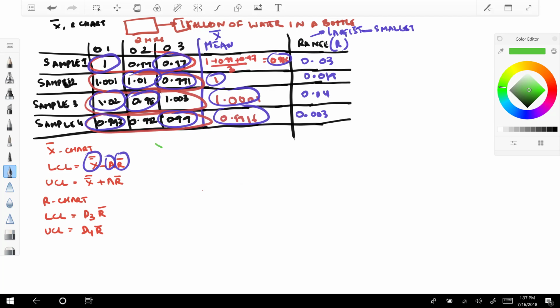X double bar is equal to the average of 0.986 plus 1 plus 1.0010 plus 0.9916 divided by 4. So we get an X double bar of 0.995.